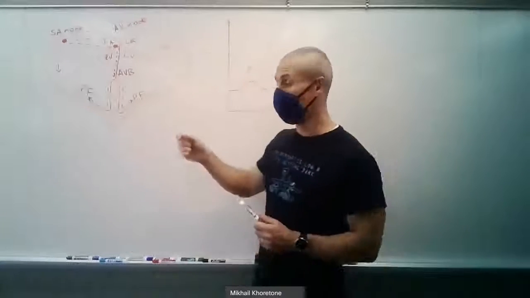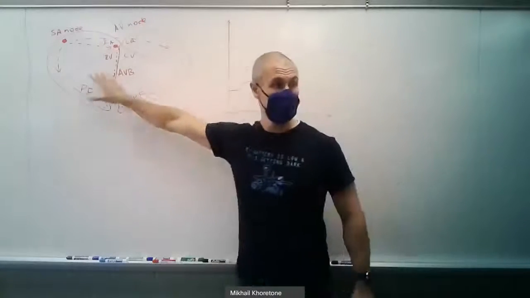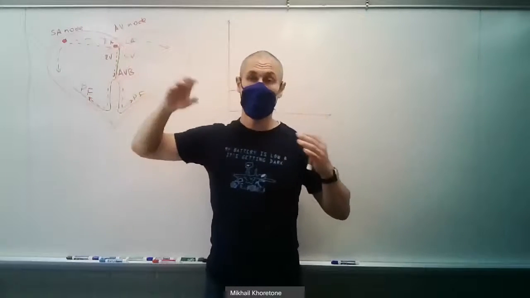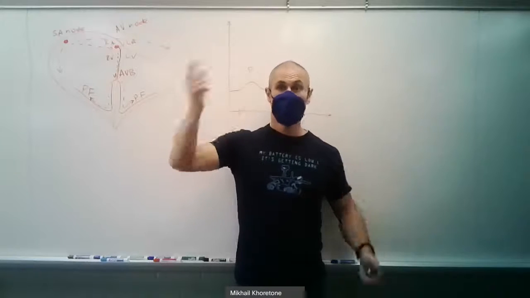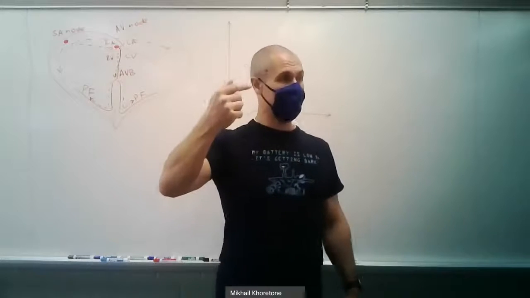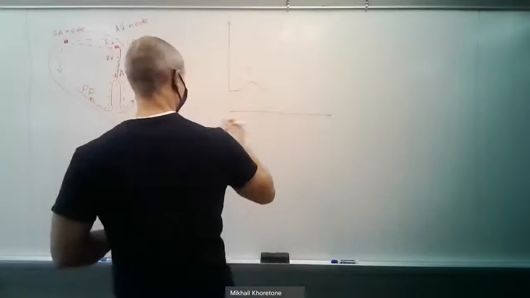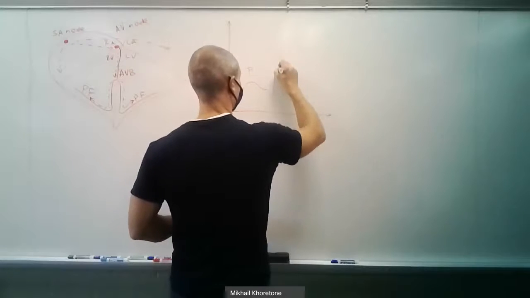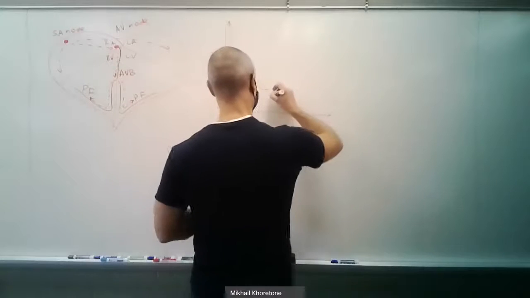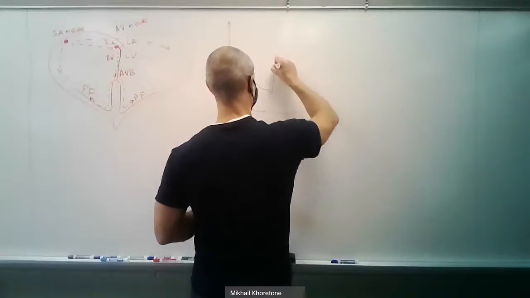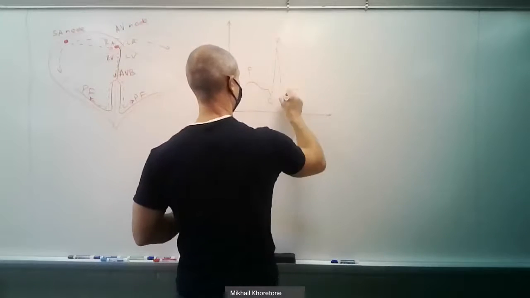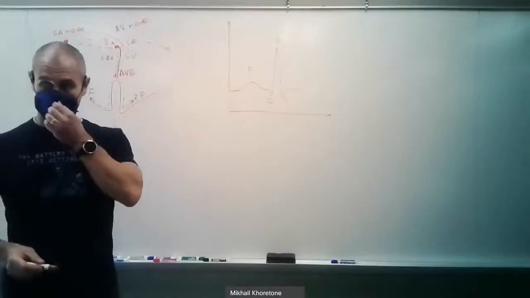Now, interestingly enough, when the ventricles get depolarized, the atria get repolarized. So these two events, repolarization of the atria and depolarization of the ventricles, overlap. That's the QRS complex. Okay, so this is going to be the QRS complex.